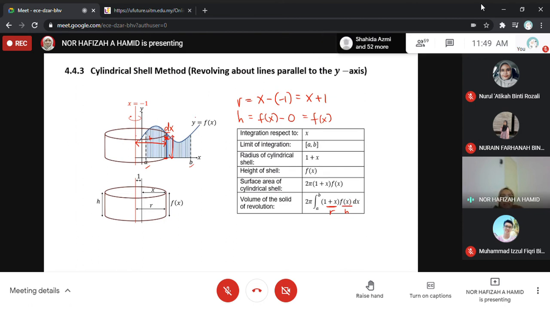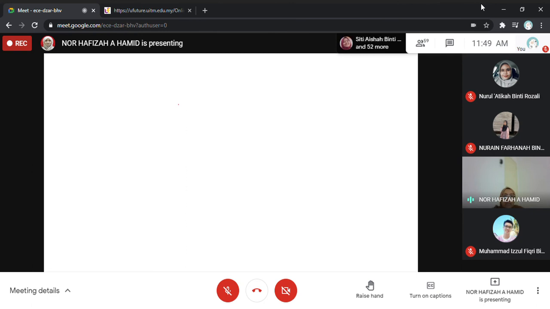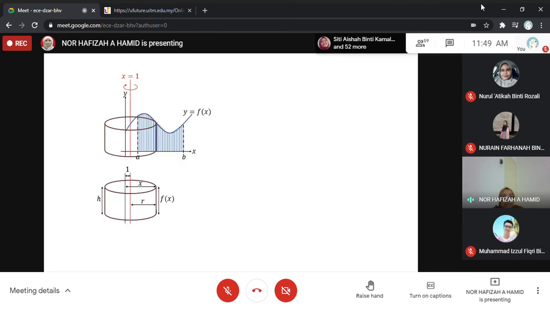Yang ni kalau X dia is negative. Okay, so kalau kita tukar X dia positif, X is equal to 1. So sama juga, thickness dia is dx, but you punya strip is vertical and the R, you punya R dia akan tukar lah. Kat sini you punya X, so X minus 1. So R is x minus 1. So H dia is the height of the strip. Okay, height dia is upper is fx minus 0.